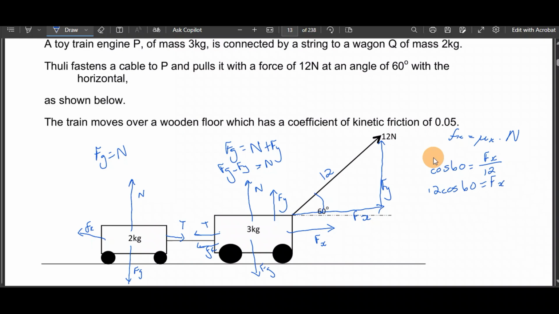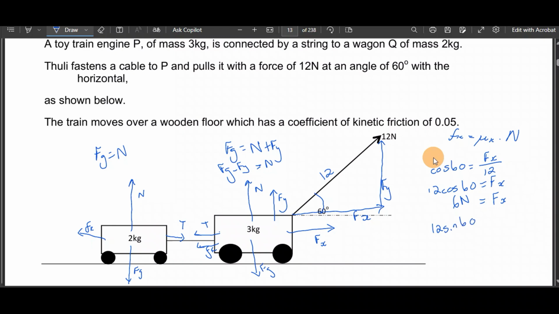Okay, so we get our Fx is equal to, let me see, 12 cos 60, 6. So it'll be 6 Newton. Now if they'd asked for the vertical component as well, it's the same thing, but it's now sine, meaning it's 12 sine 60. Why?